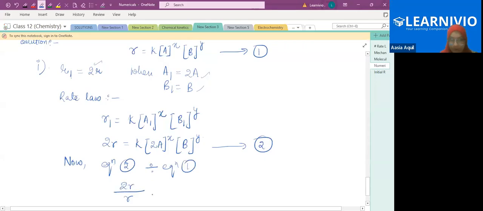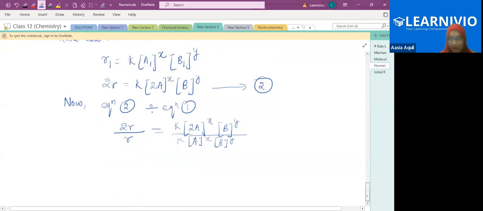2R upon R is equal to K, 2A raised to the power x, concentration of B raised to the power y, upon K, A raised to the power x, concentration of B raised to the power y. Always divide the larger one by the smaller one.